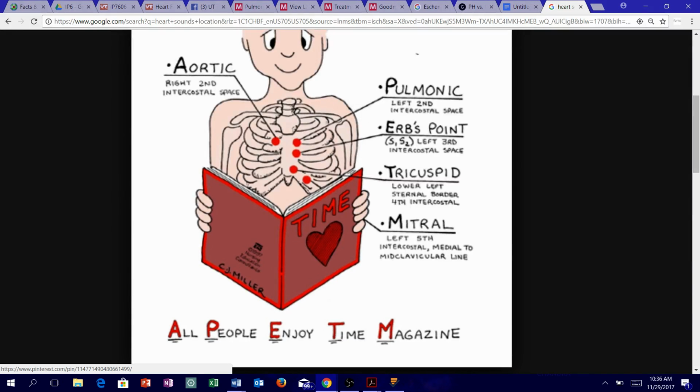This shows you where you would do all the sounds on someone. Look, it says cardiac auscultation. Right sternal, left sternal. And then you go back up, intercostal space, with the bell.